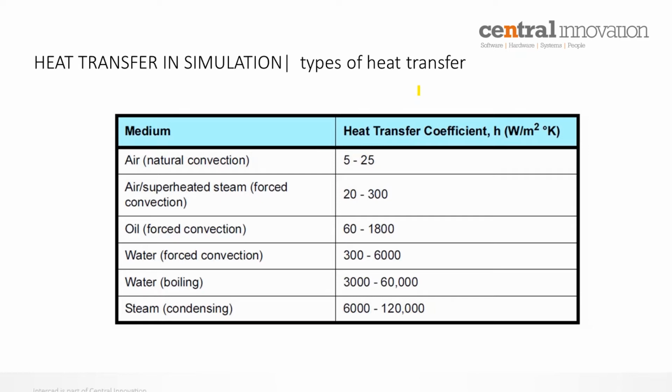Very efficient transfer of heat with the condensing steam. So again, understanding the model is very important. Clearly, if we have good airflow through a heat sink and a fin, the heat transfer coefficient will be higher than one that has restrictive airflow.